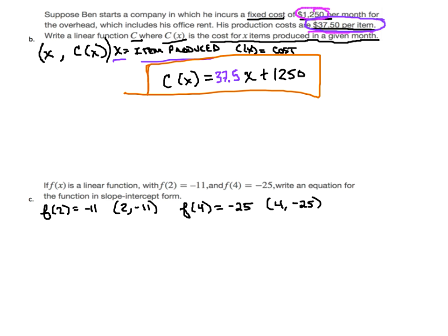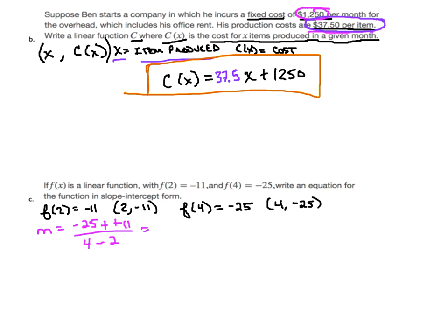So I need to start with my slope, y2 minus y1, minus negative 11, remember that's going to be plus, over x2 minus x1, so negative 25 plus positive 11.